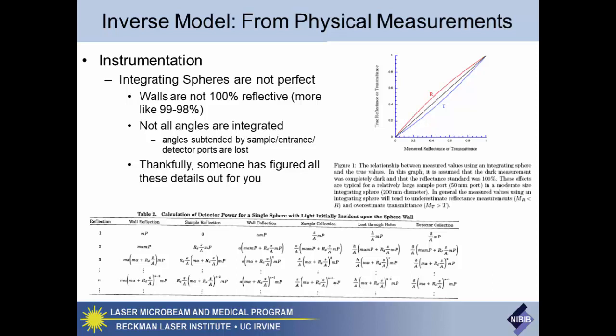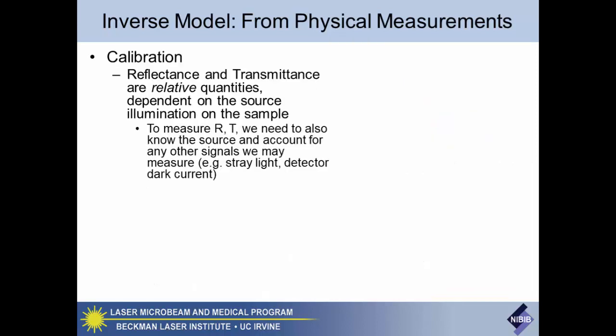So again, accounting for the fact that it's not a full 4 pi, you have certain angles that are being subtended for the holes that exist, and that while reflectivity is not perfect, they went through, they've calculated this. So again, it's good to be aware of it and make sure you include it, but at least you don't have to derive it from first principles.